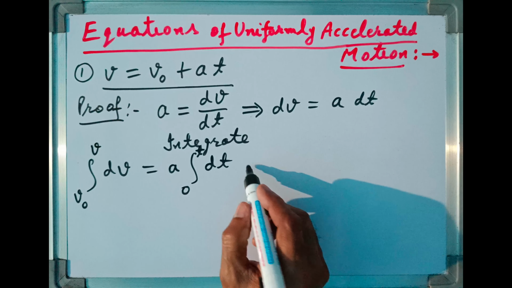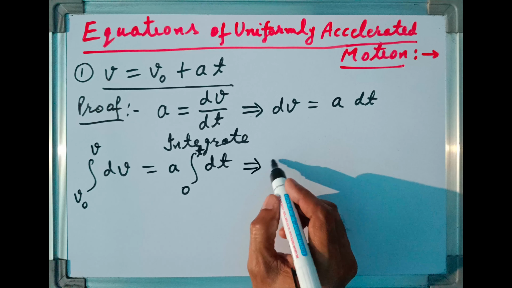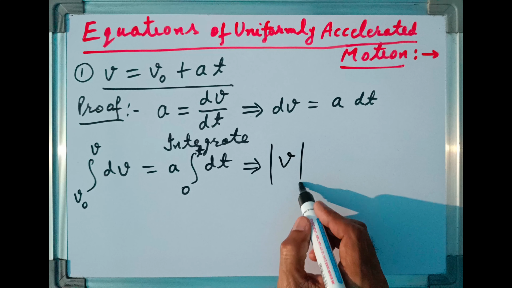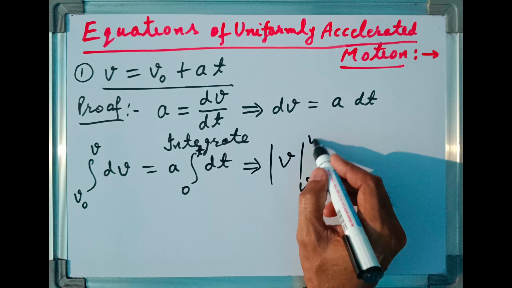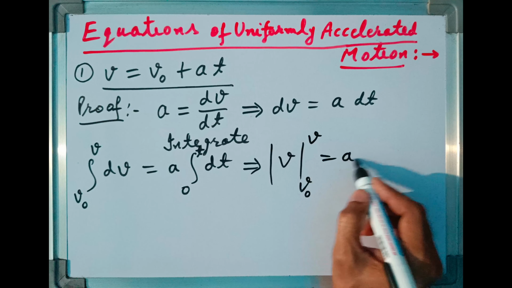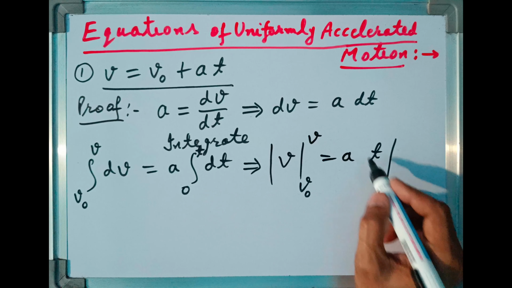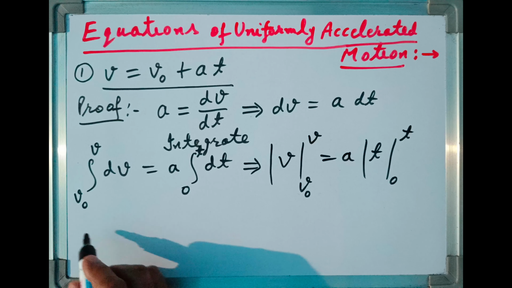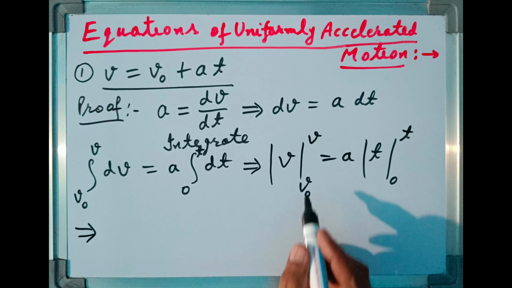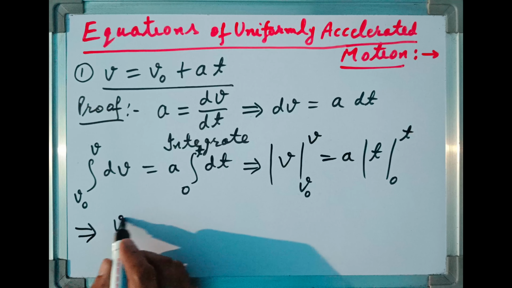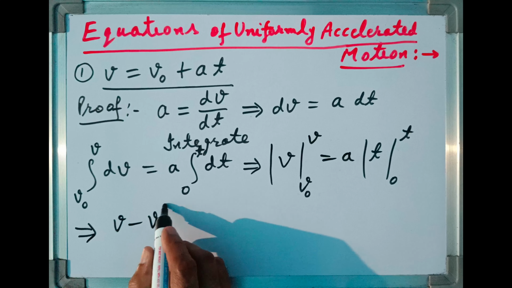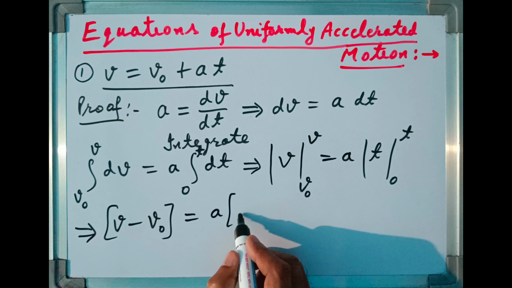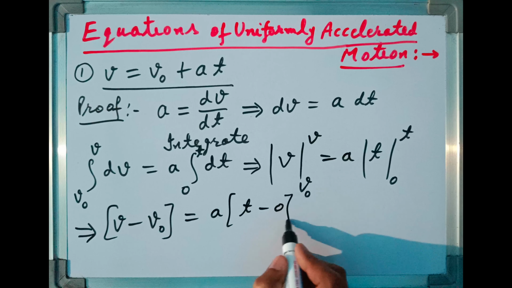So we have to solve this integration. Left hand side, the answer will be v, with limits v naught to v. On right hand side integration will be t, and we are having limits 0 to t. After applying the limits, we can write v minus v naught equal to a t minus 0.